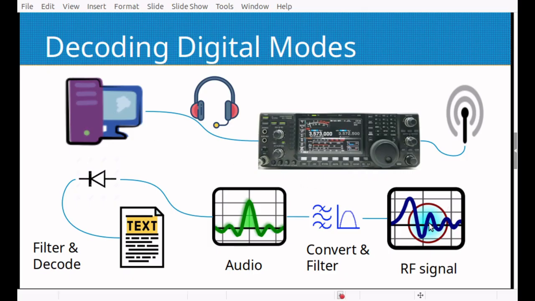So this is what's happening. We get the RF signal, the ICOM 7600 or your rig will filter and do the demodulation, and that'll produce an audio stream. That audio stream is sent to the computer where it's further filtered by the decoding program such as WSJT-X, and then it's decoded and you'll see text appear on the screen.